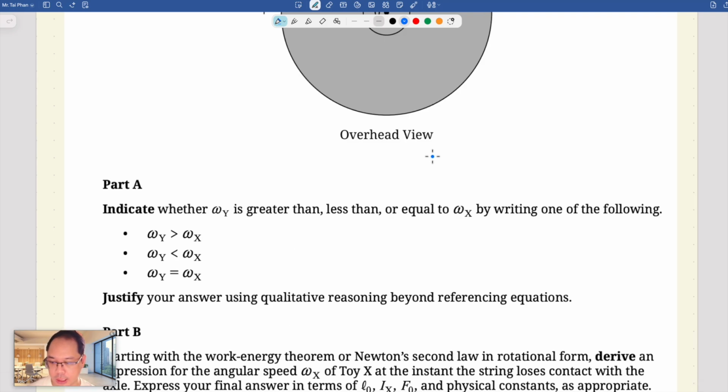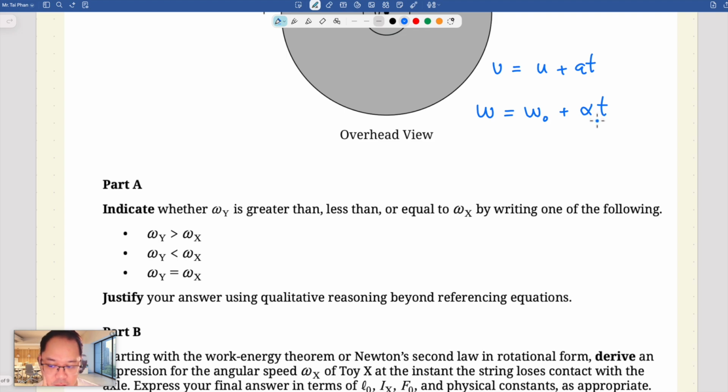Angular speed relates to these things. It relates to the work done by the torque, or we have the speed, angular speed. Let's write omega equals omega 0 plus angular acceleration alpha multiplied by the time. It is similar to the formula v equals u plus at, okay?